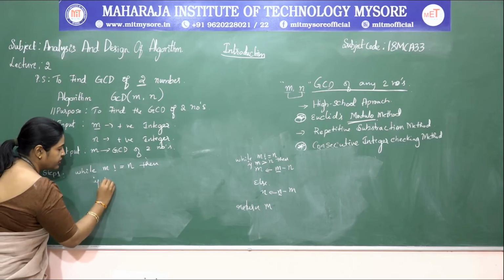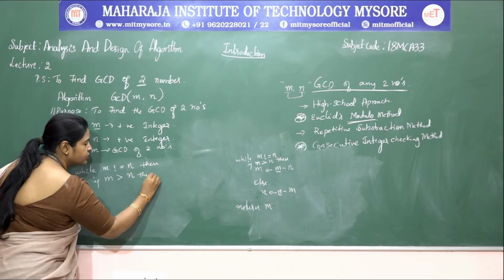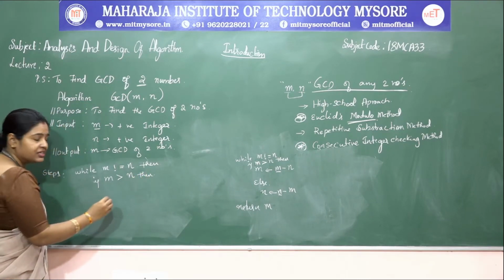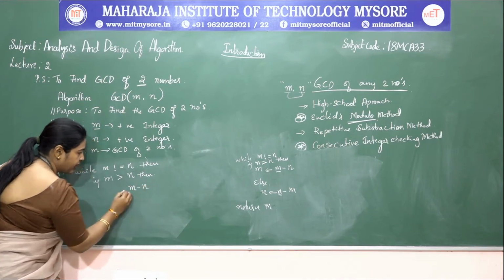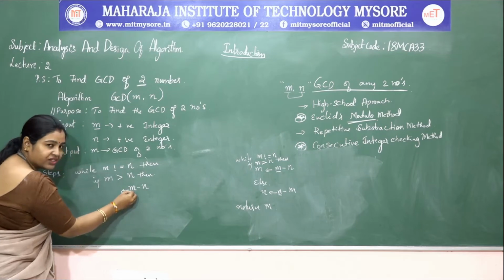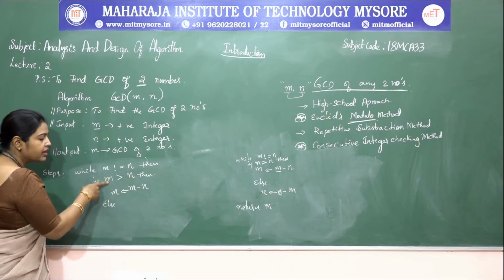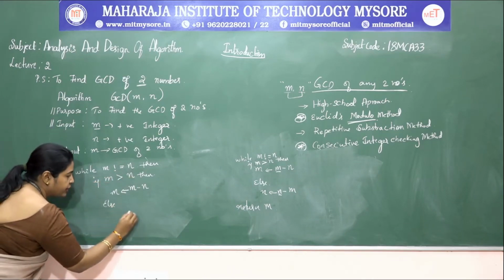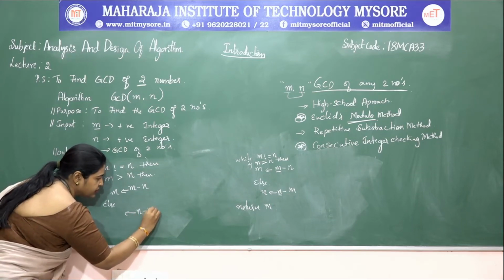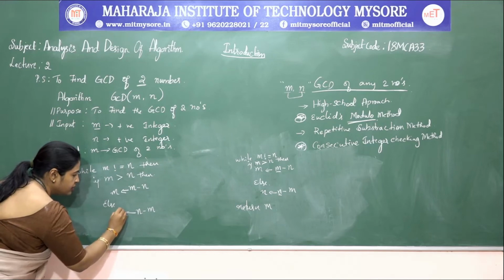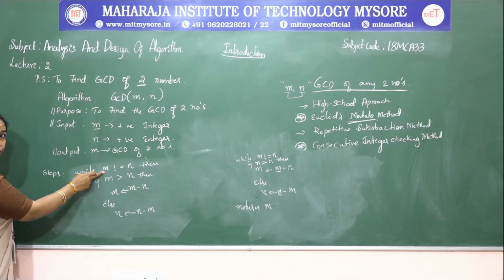If the first number is greater than the second number, we subtract the second number from the first number, and the result is stored in the first number itself, m. Else, if the second number is greater than m, we subtract the first number from the second number, and the result is stored in the second number. This process will continue while m is not equal to n.